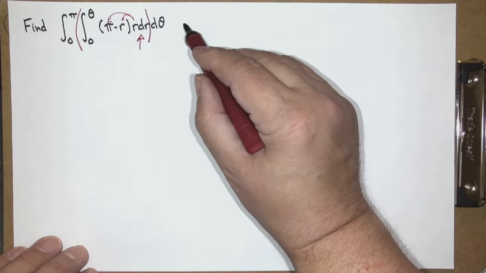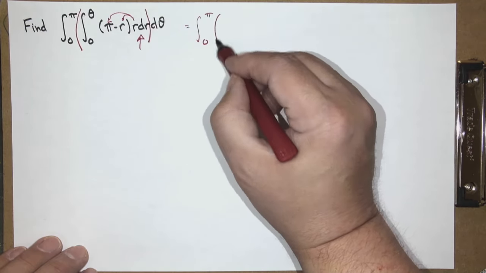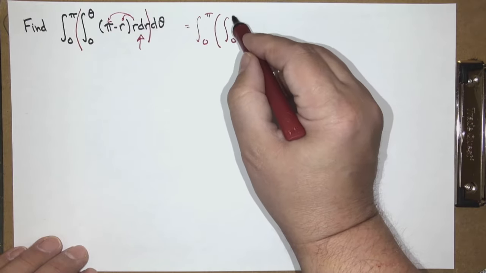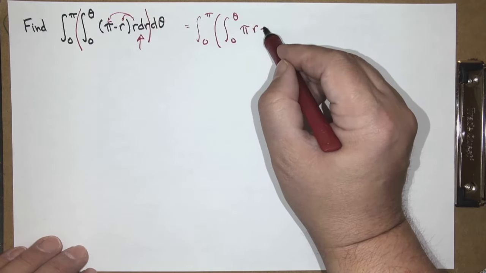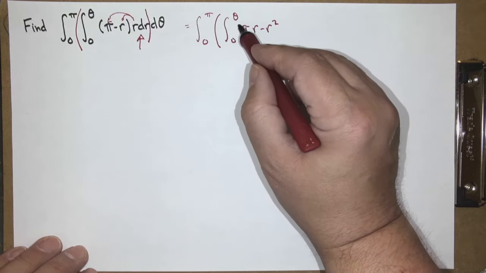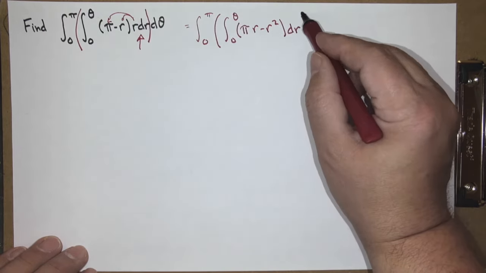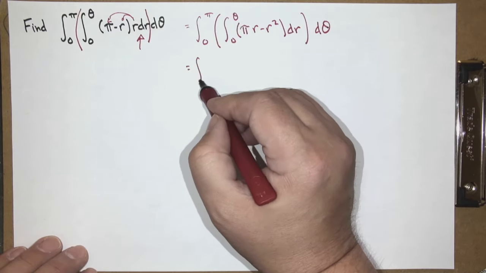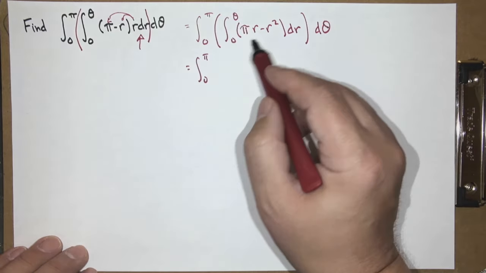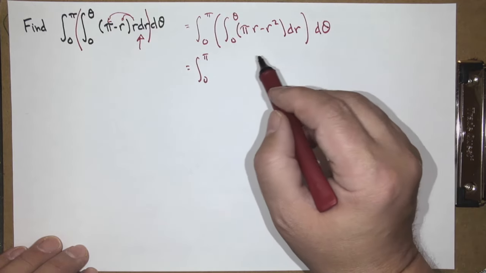All right, so this becomes integral 0 to pi. Then we're working on the inner layer, so we're cleaning it up. We are nice to ourselves, so we're setting ourselves up for success. We'll distribute the r through before we carry out the integral. What's the integral of pi r minus r squared with respect to r?